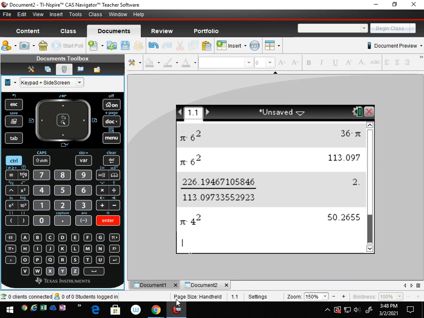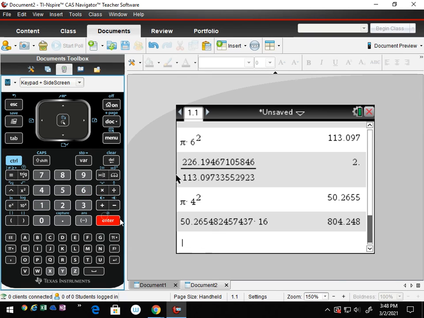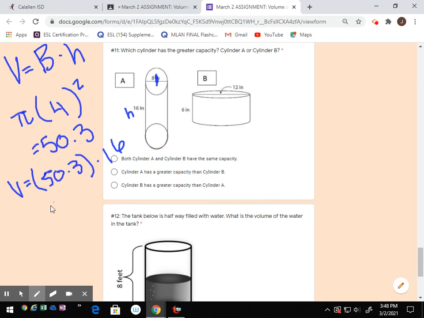So let's multiply this by 16. Our volume for cylinder A is 804.2. So V is equal to 804.2 for cylinder A.